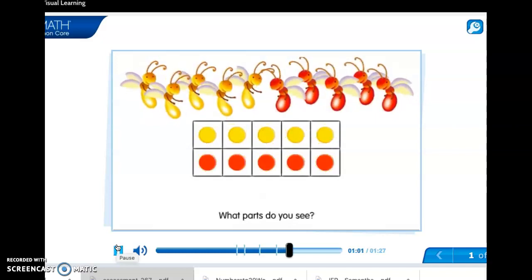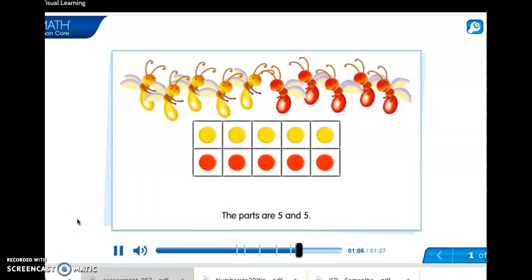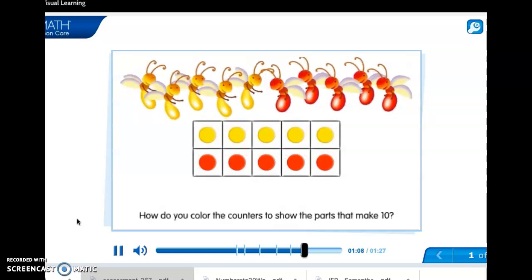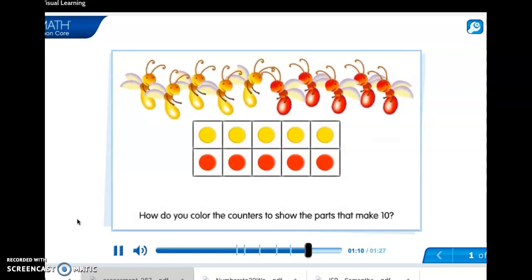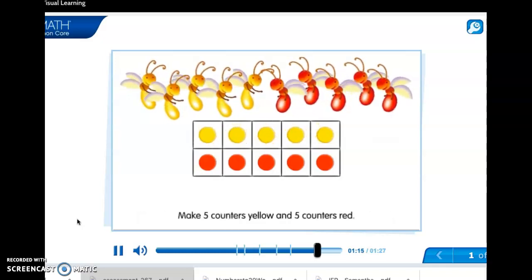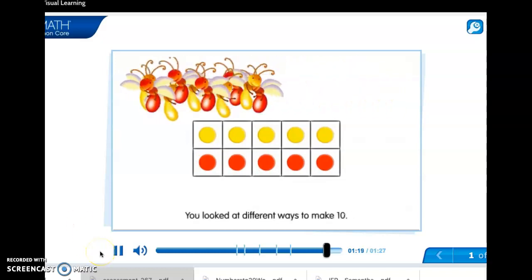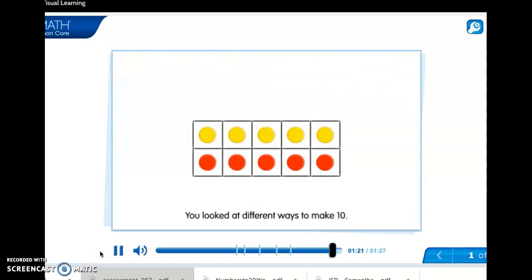What parts do you see? The parts are 5 and 5. How do you color the counters to show the parts that make 10? Make 5 counters yellow and 5 counters red. You looked at different ways to make 10.